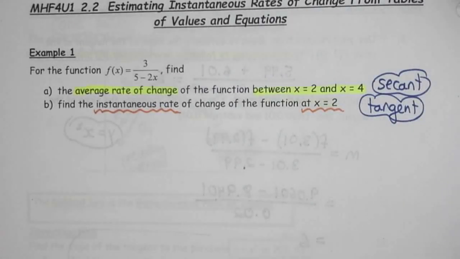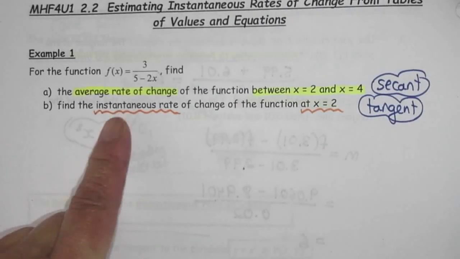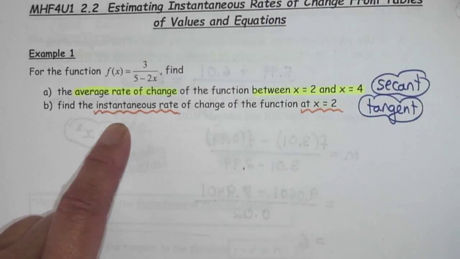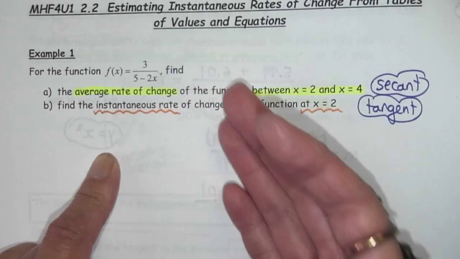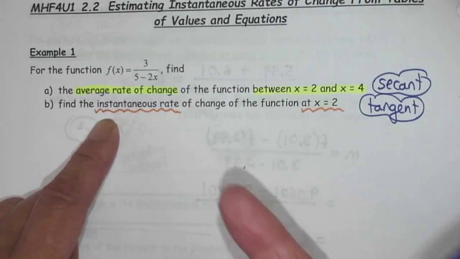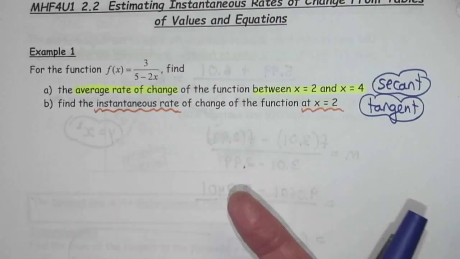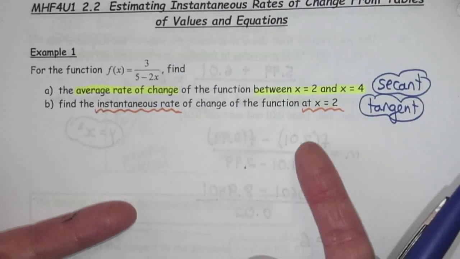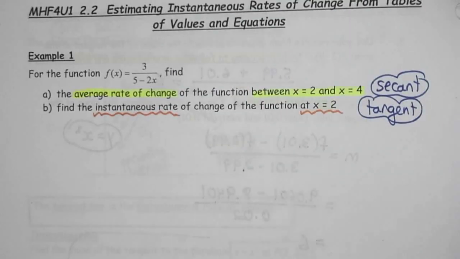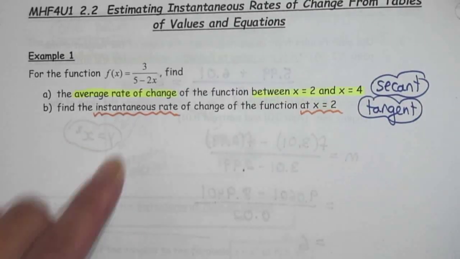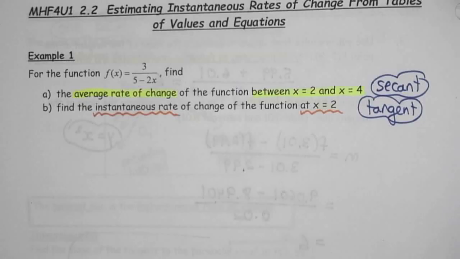So for instantaneous, we have using a preceding and getting closer, using a following and getting closer, or the centered, which is the average of a preceding and following: you do the two, then average them and divide by 2. And then we also have the new one, which I'll show you in the next lesson, which is going to be the formula way. I'll tell you what that one's called when we get to it.